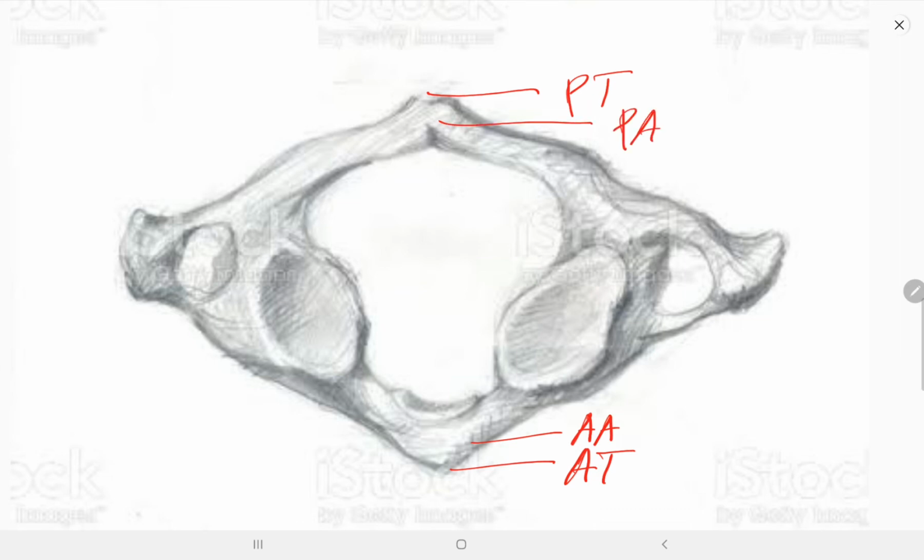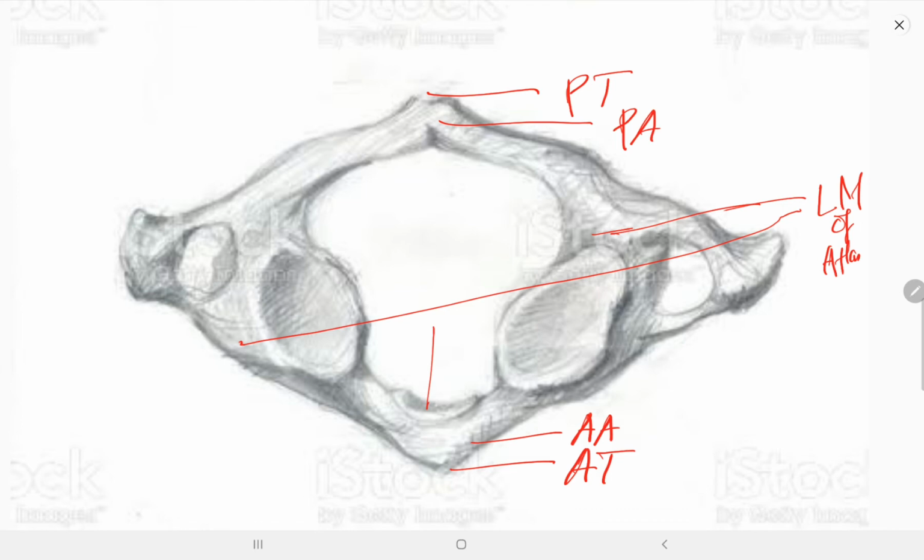The two arches combine together to form the lateral mass of atlas. This portion and this portion is the lateral mass of atlas.